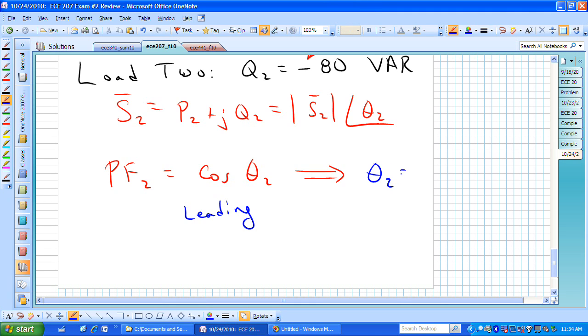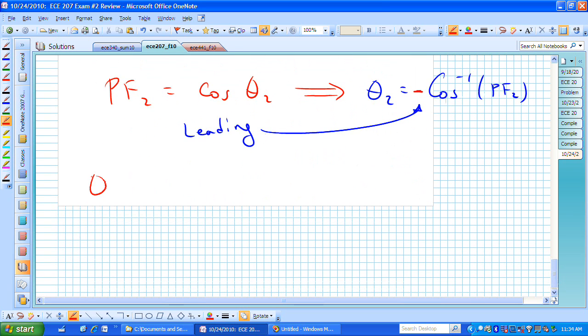We'll need the sign when we solve for theta sub 2, which is the inverse cosine of power factor 2. Here we use the information about leading: it's a capacitive type load, and that's our minus sign. So theta sub 2 is minus the inverse cosine of 0.9, and that ends up being minus 25.84 degrees for load number 2.